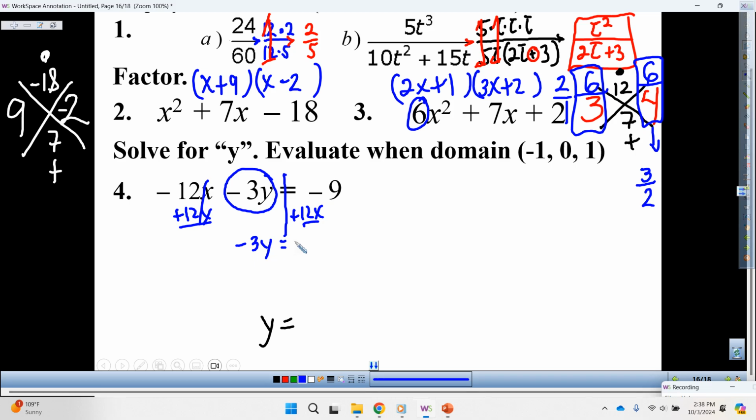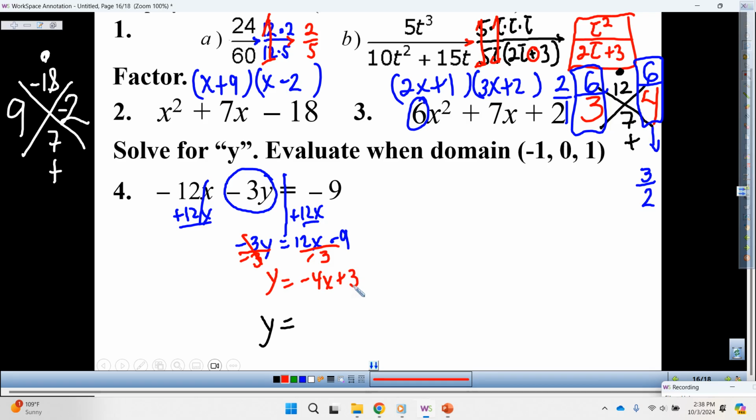Negative 3y equals 12x minus 9. And then, where was I? Who's helping me? Oh, Adrian. Last step. Divide by negative 3, divide by negative 3. And then we end up with y equals negative 4x plus 3.